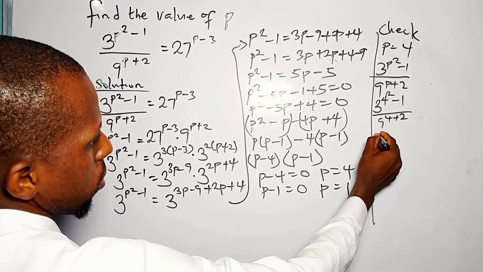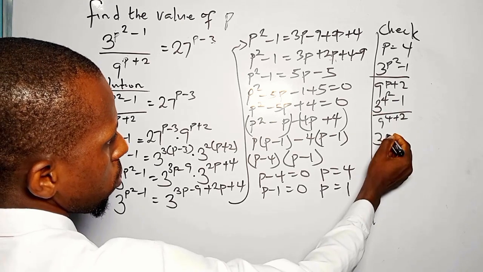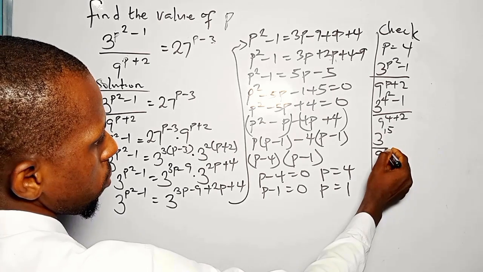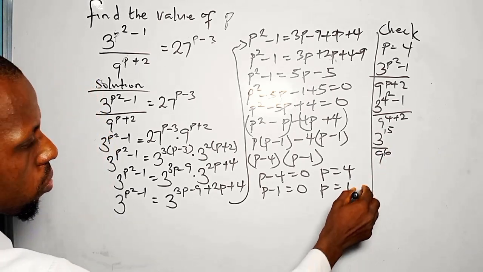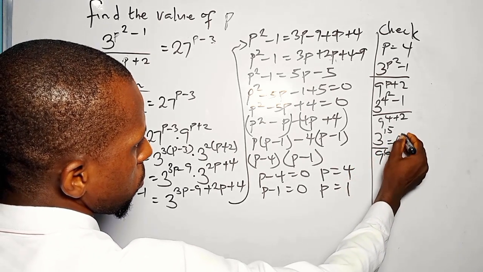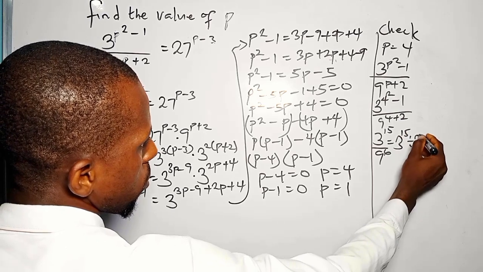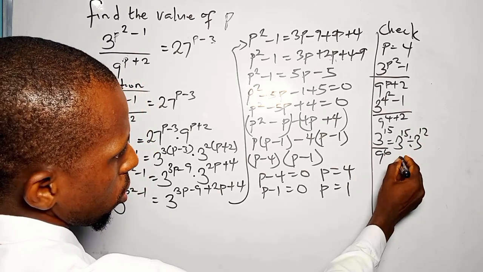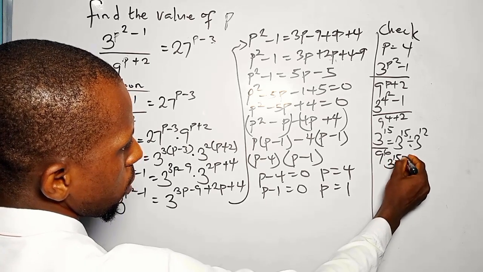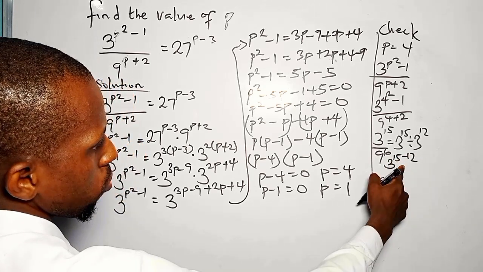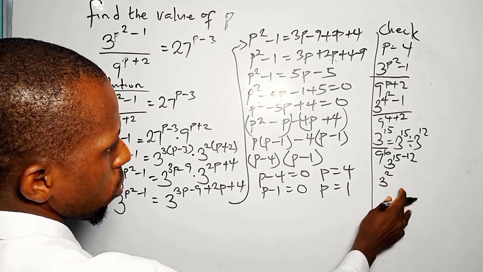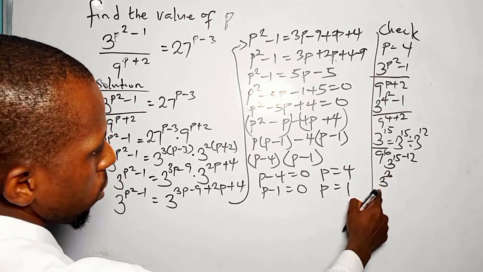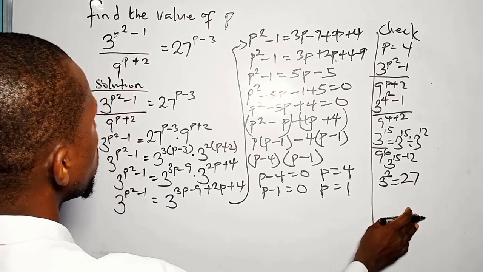Here we have 3 raised to power 16 minus 1, which is 15, divided by 9 to the power 6. We can write 9 to the power 6 as 3 raised to power 12, since 2 times 6 is 12. So for 3 raised to power 15 minus 12, we have 3 raised to power 3, which is 27.